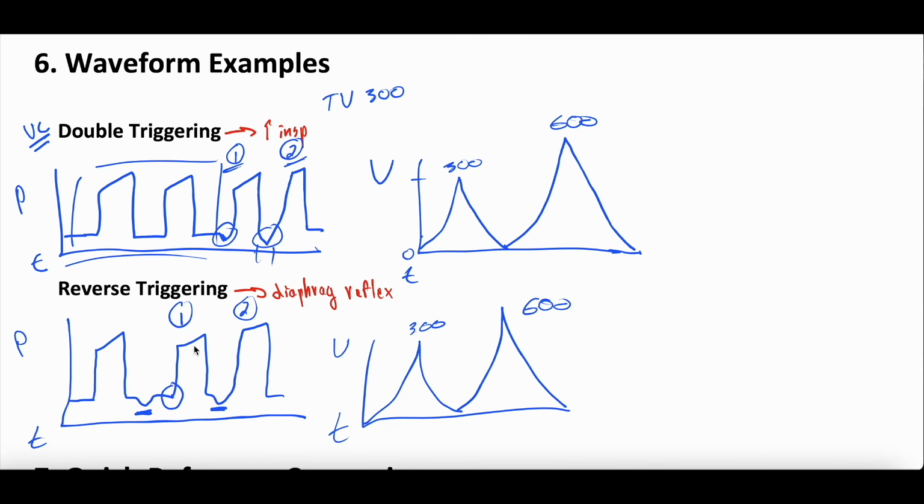So the scalars look similar, but the things that would stick out would be, in double triggering, you usually have patient effort to start the breath, whereas in reverse triggering, there's no patient effort. Reverse triggering, you usually will have a negative deflection afterwards, and that sometimes prompts a breath and sometimes doesn't. Okay? And then we went through some of the other things that stick out, not related to scalars above.